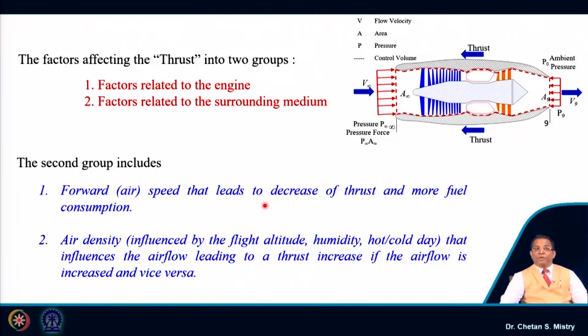The second parameter we have is density, and we have seen it is a function of my flight speed, humidity, and hot and cold air, and that will lead to a change in the thrust as per the requirement. So, in this case we have tried to cover most of the content in terms of the effect of different parameters.